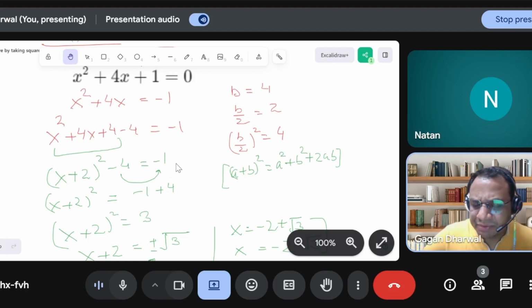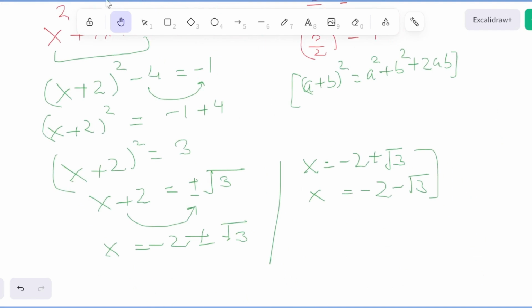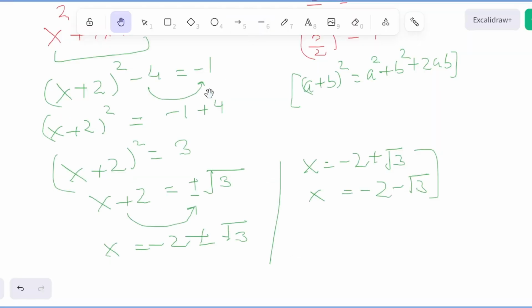That becomes plus 4. Now minus 1 plus 4 becomes plus 3, and then we took the square root on both the sides. After taking the square root, that 3 became plus minus root 3, and then we took the 2 to the other side as a minus 2. And that's how we got two values of x. Is that all good, Nathan? Let's do one more question and try to understand this better.